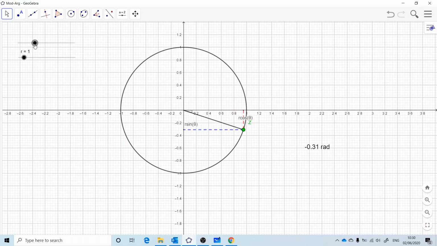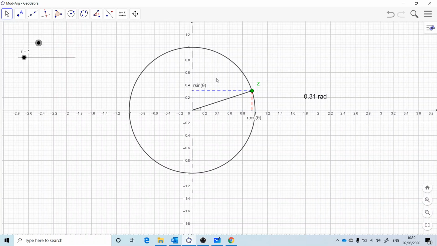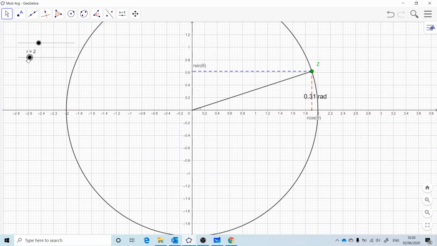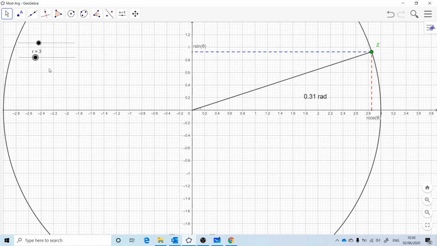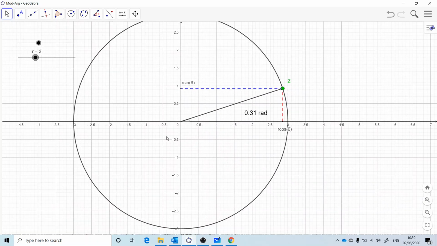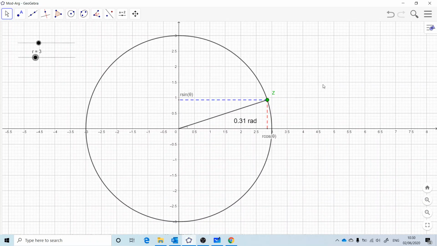And then what we're doing with complex numbers is we're saying, well, we don't always have a unit circle. Sometimes the radius of the circle might be bigger or smaller. So we can change the modulus of the complex number to reflect that change. Let's say we had a complex number with modulus 3. So now we're thinking about a circle with radius 3.